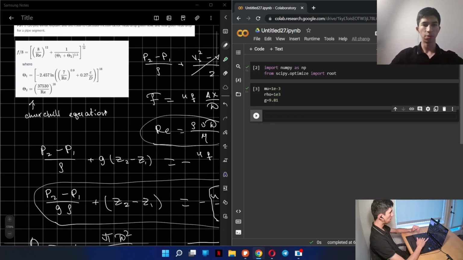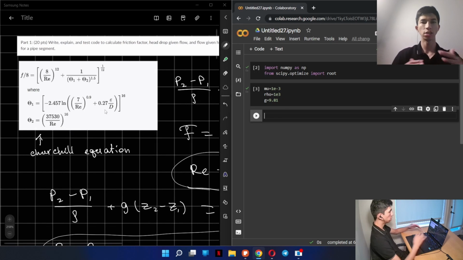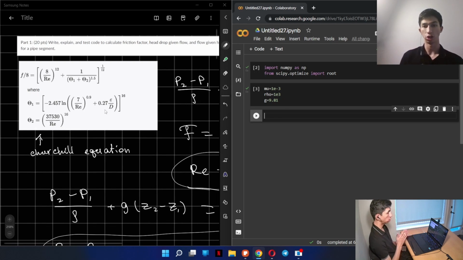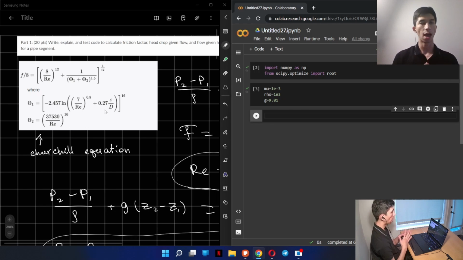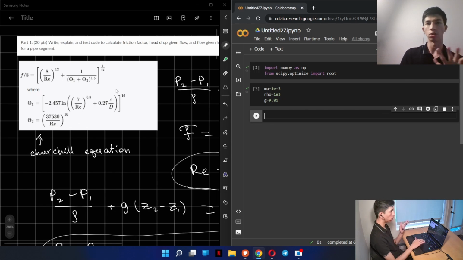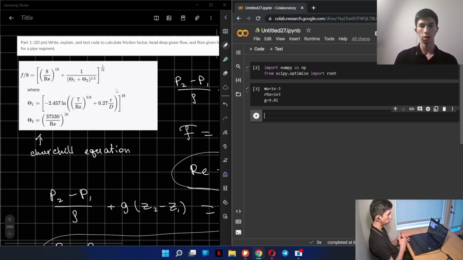Okay, as we said before, we're going to start by using the Churchill equation to calculate the Fanning friction factor for any Reynolds number. Let's say here we have the equation from the internet for the Churchill equation.